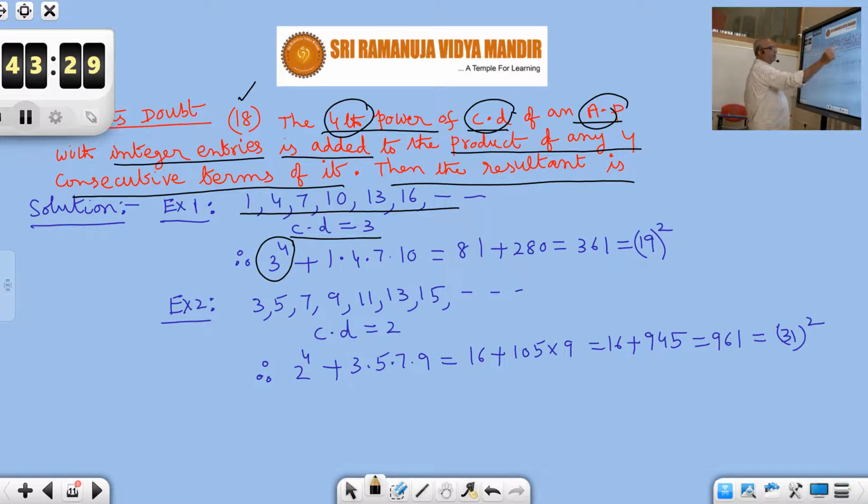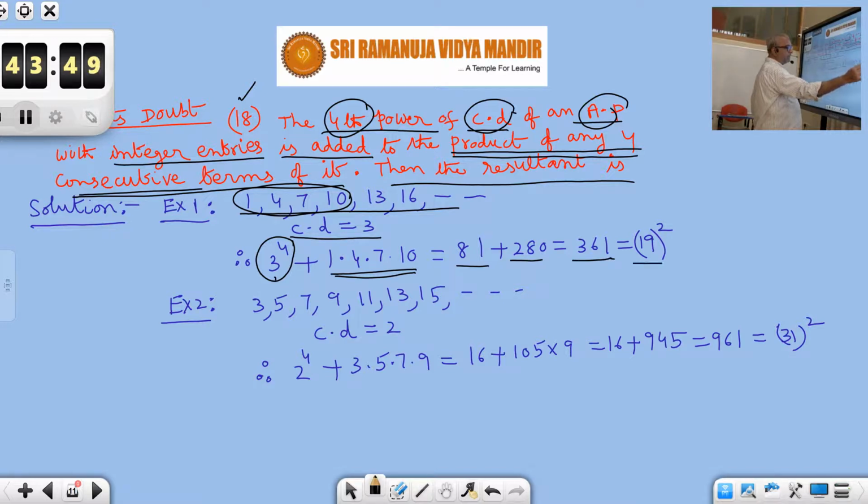Is added to what? The product of any four consecutive terms. Let us take these four consecutive terms and take their product. So 1 into 4 into 7 into 10. So 3 power 4 is 81 and 1 into 4 into 7 into 10 is 280. Adding them you get 361, which is equal to 19 square. So which is a perfect square?